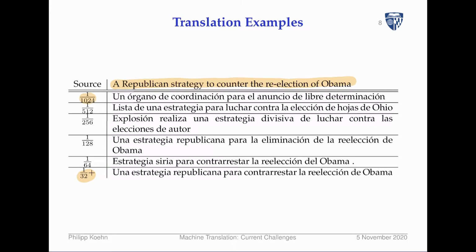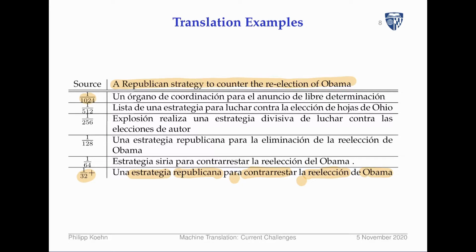At the bottom you see a perfectly fine translation. I don't speak Spanish, but Spanish is similar enough to English that we can say, okay, it talks about Obama, it talks about the re-election, there's some kind of counter-action, and a Republican strategy, and these look like the right function words more or less too. So this is a perfectly fine translation.